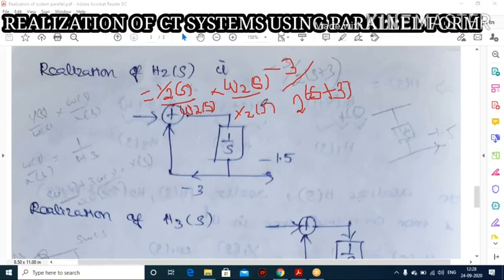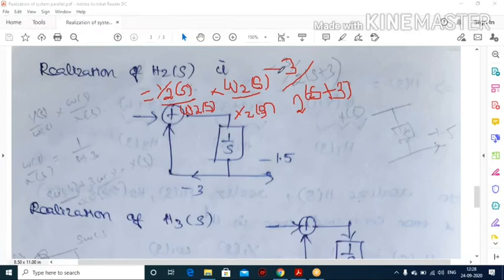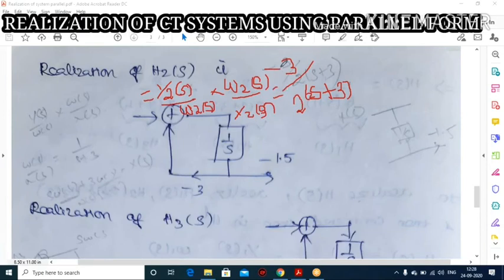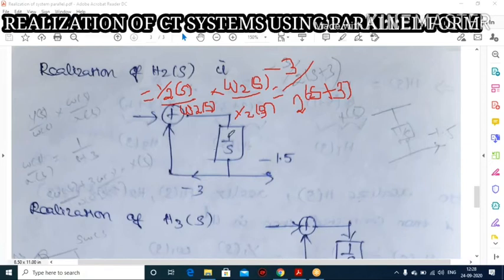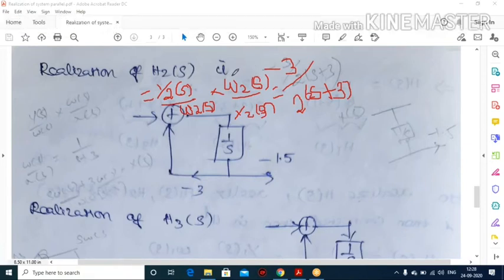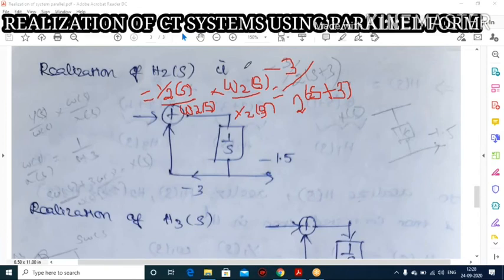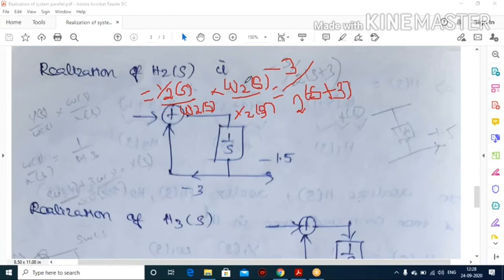Now the transfer function is minus 3 by 2 into S plus 3. So first I take W2 of S divided by X2 of S, which is equal to 1 by S plus 3.